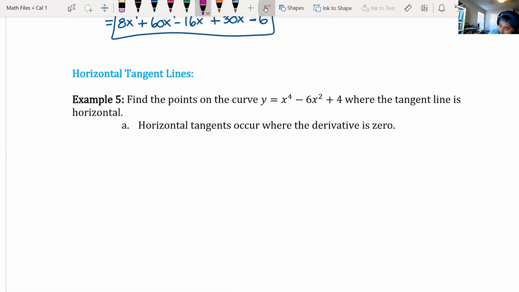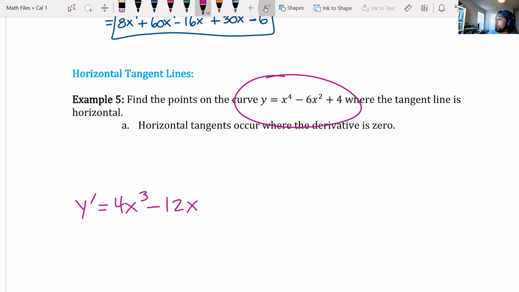So here, let's take the derivative of that function, and I'll just say y prime. What is the derivative of x to the 4th? 4x cubed. Good. Minus, what is the derivative of 6x squared? 12x. Good.